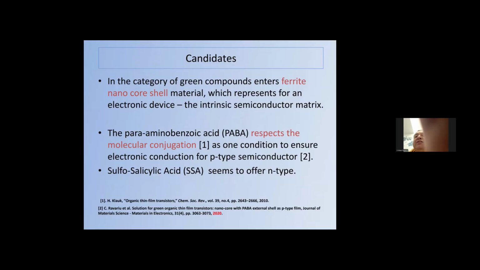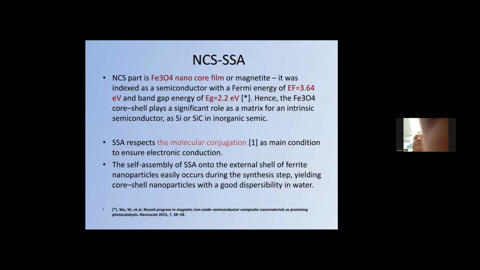Previously, we attached to this nanocore shell the para-aminobenzoic acid organic molecule, respecting the molecular conjugation, and we obtained a p-type semiconductor. Now, we attached sulfosalicylic acid as organic compound, and we have to prove that we obtain an N-type semiconductor.